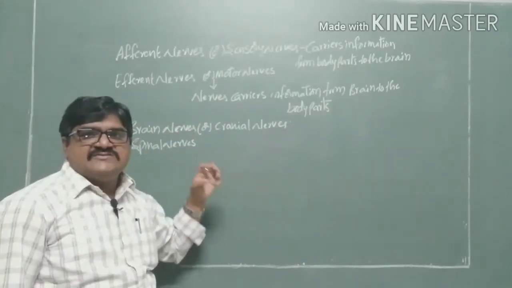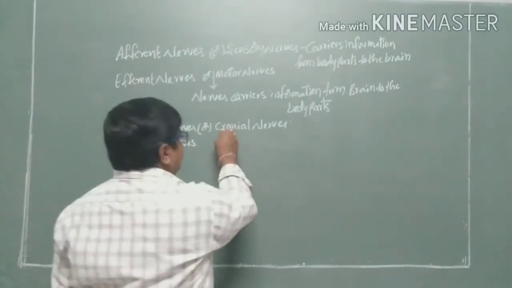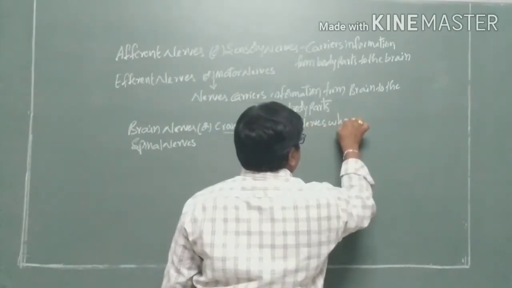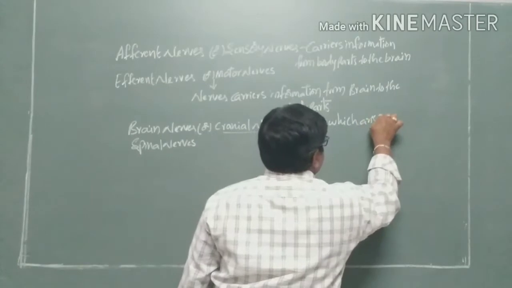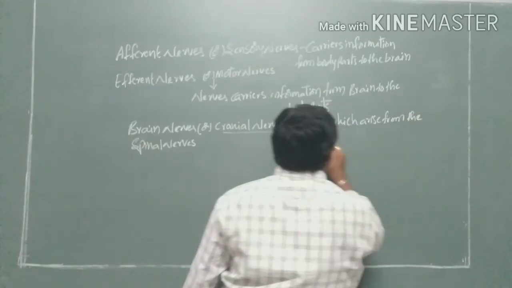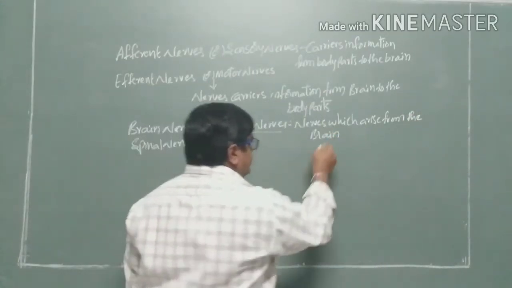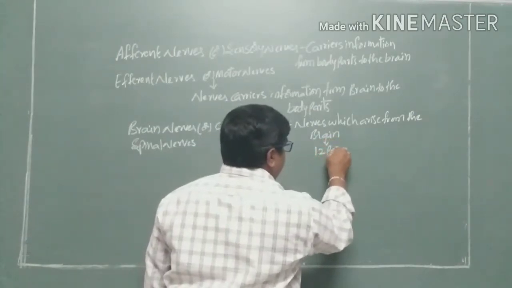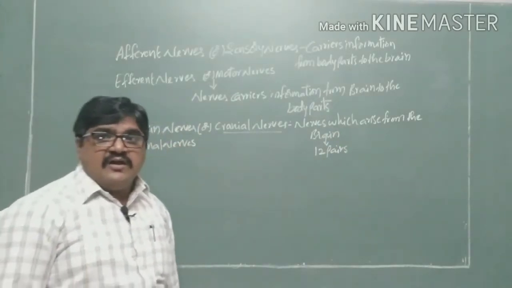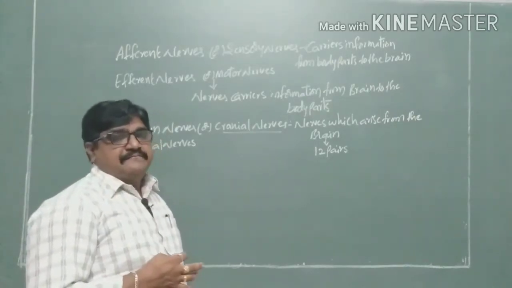Cranial nerves are the nerves which arise from the brain. There are 12 pairs of cranial nerves present in our body.